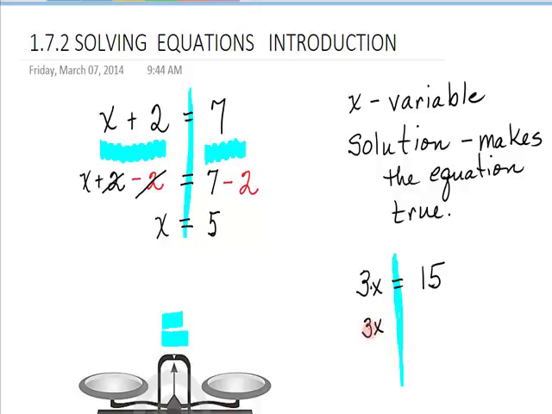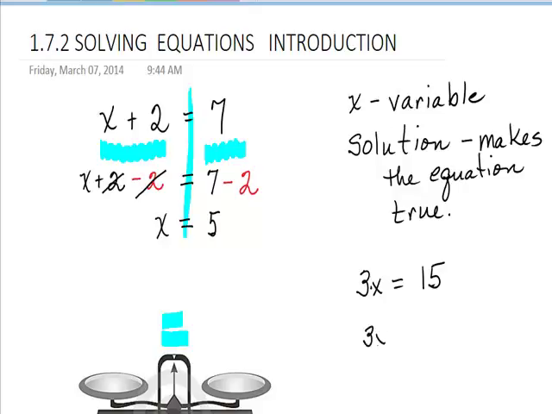Well, the inverse of multiplication is division. I'm going to show that division in fractional form, so I'm going to divide by 3.